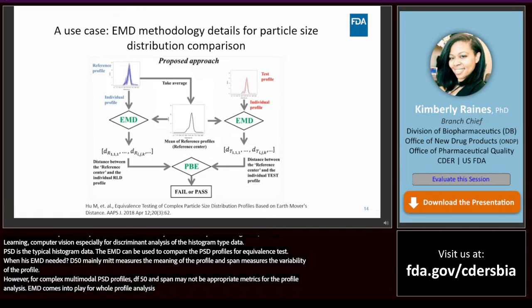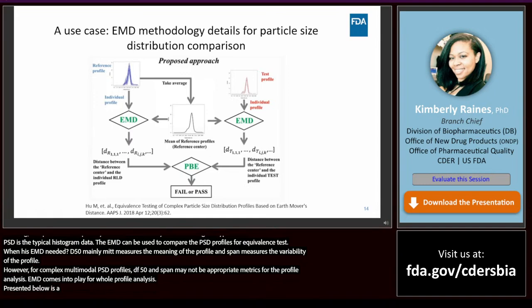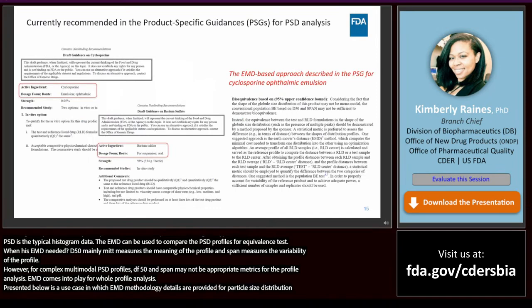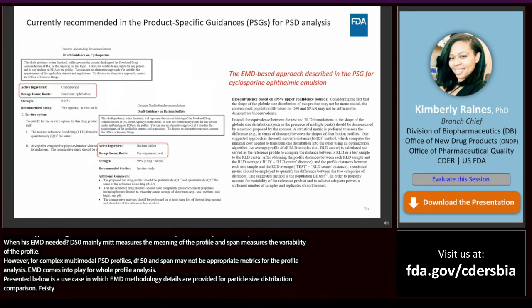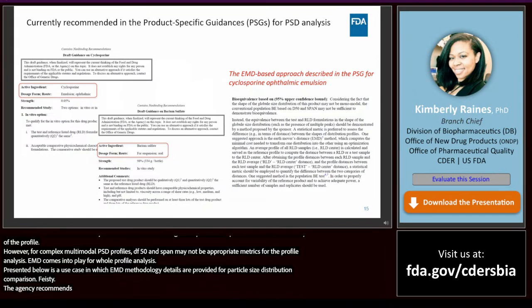Presented below is a use case in which EMD methodology details are provided for particle size distribution comparison. The agency currently recommends particle size distribution analysis in some of the product-specific guidances. The EMD-based approach has been described in the cyclosporine ophthalmic emulsion product-specific guidance.